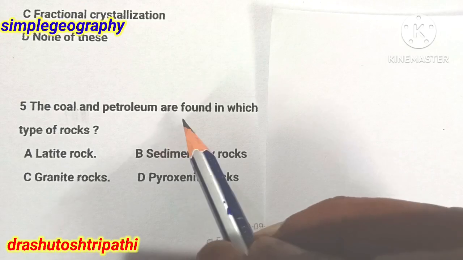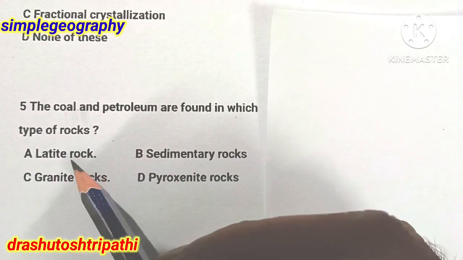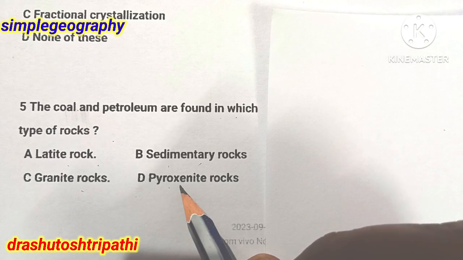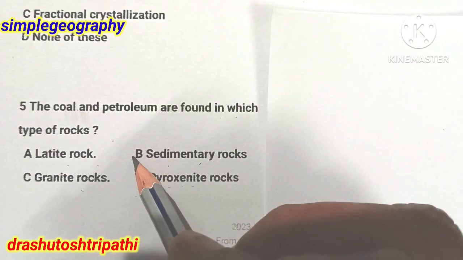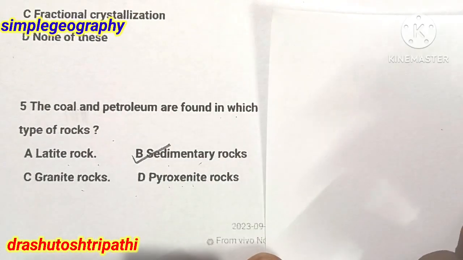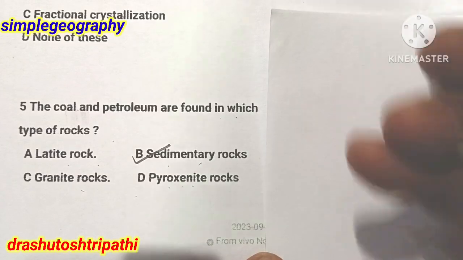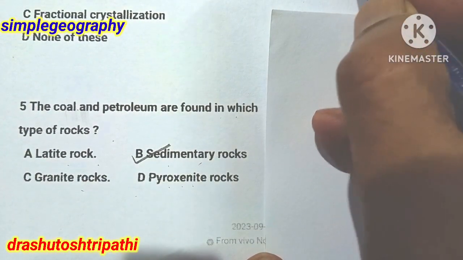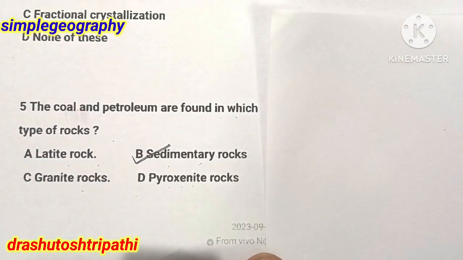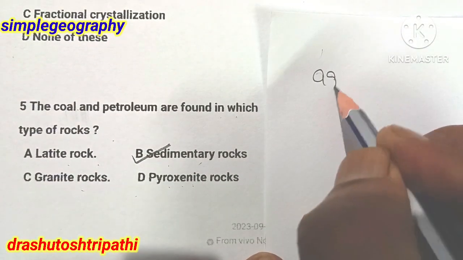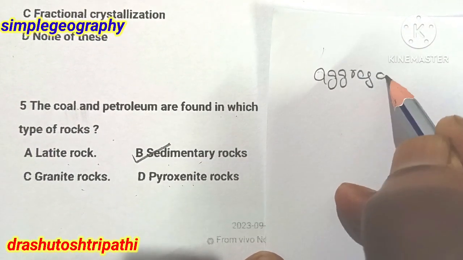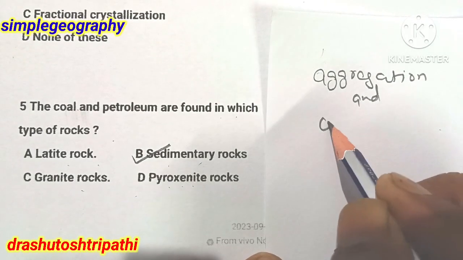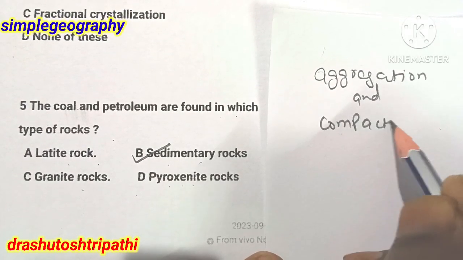Coal and petroleum are found in which type of rock? Laterite rock, sedimentary rock, granite rock, or pyroxenite rock? The answer is B, sedimentary rock. First, you should know what is meant by sedimentary. Sedimentary rocks are formed due to the aggregation and compaction of rocks.